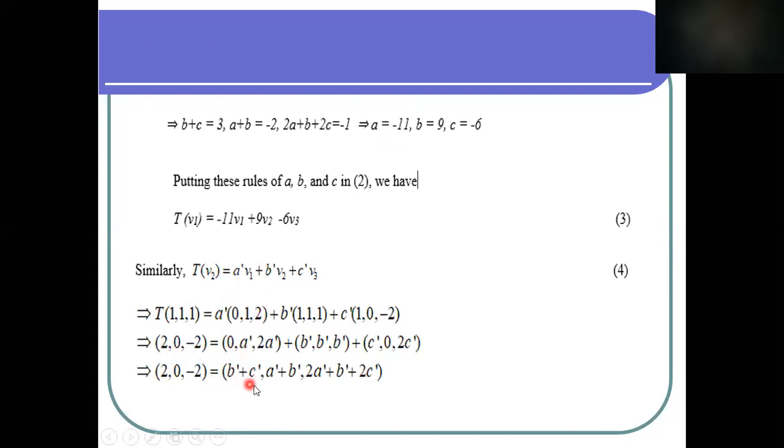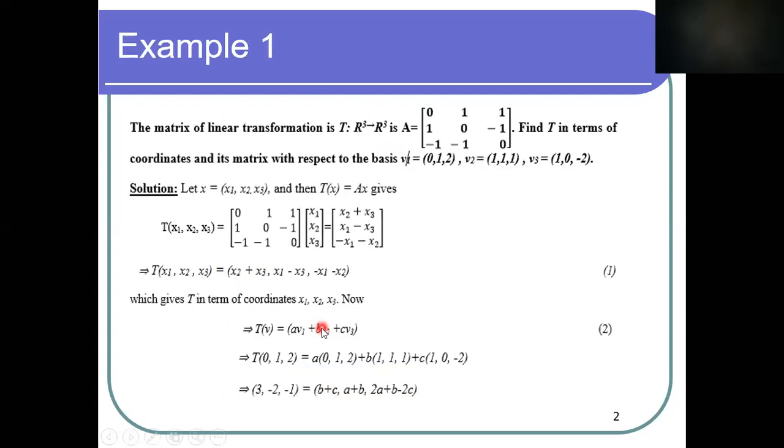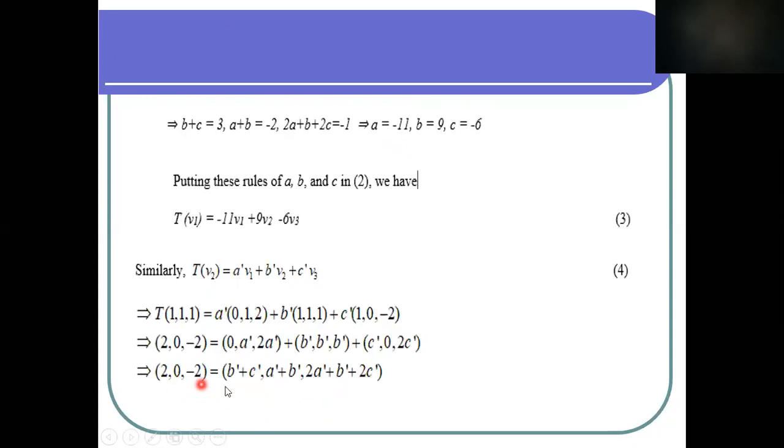Similarly, I have solved these equations in a similar fashion as in my previous slide, like over here. So dear student, in this case I did the same step, comparing the x coordinate with this, the y coordinate with this, and the z coordinate with this expression.